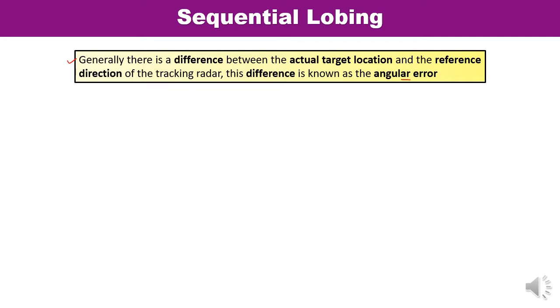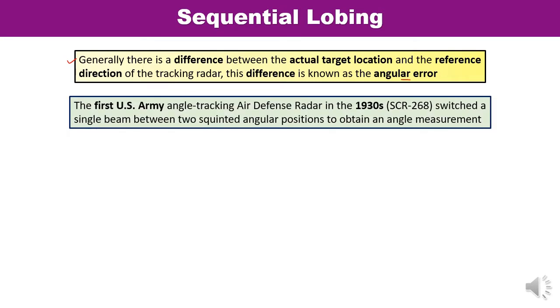You must be aware of this. The US Army utilized this angular error with a tracking radar and developed an angle tracking air defense radar in the 1930s named SAR-268, which had the capability to switch a single beam between two squinted angular positions so that angle measurement can be done. This is how it was developed and utilized by the US Army.